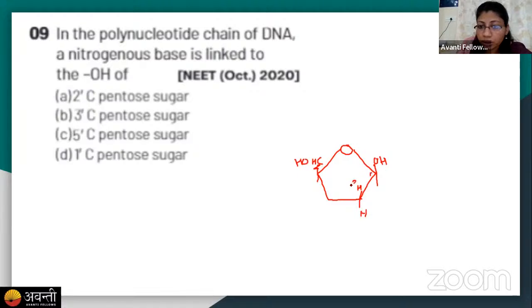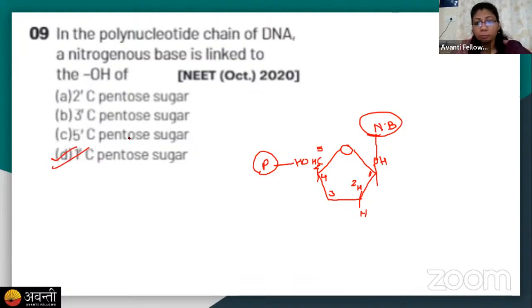So first carbon, second carbon, third, fourth, and the fifth, right? On the fifth carbon, the phosphate moiety binds. The hydroxyl group of the first carbon binds with our nitrogenous base, right? So it is a 1' carbon pentose sugar. According to that, option B is the correct answer.